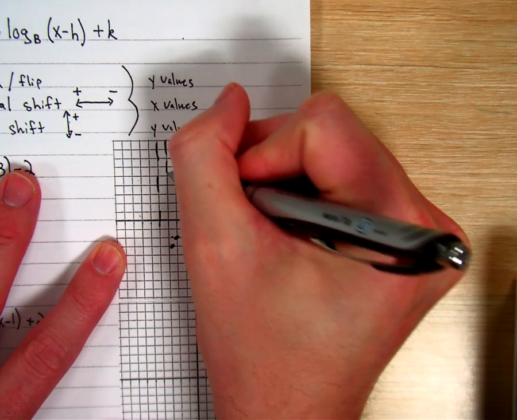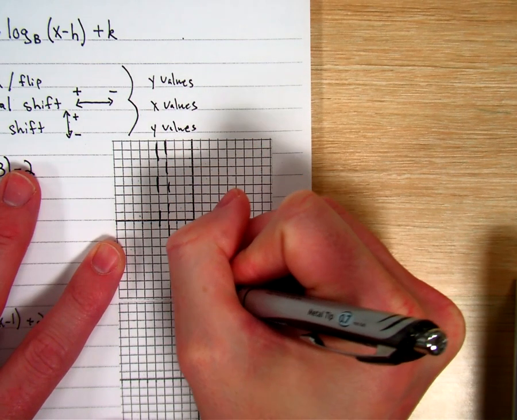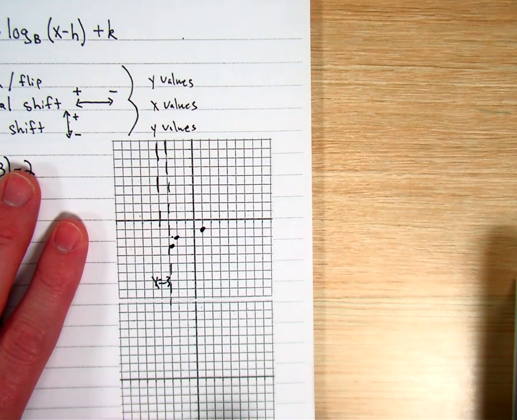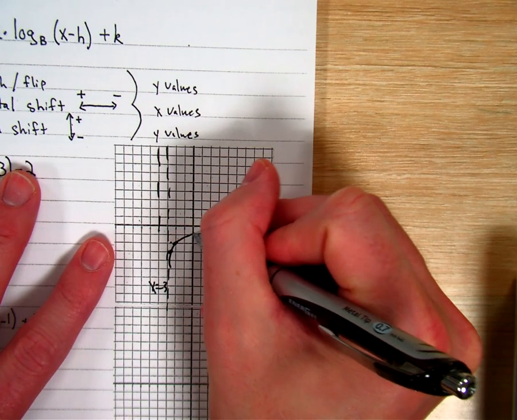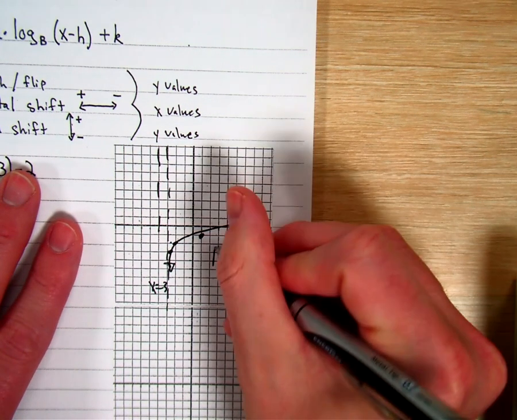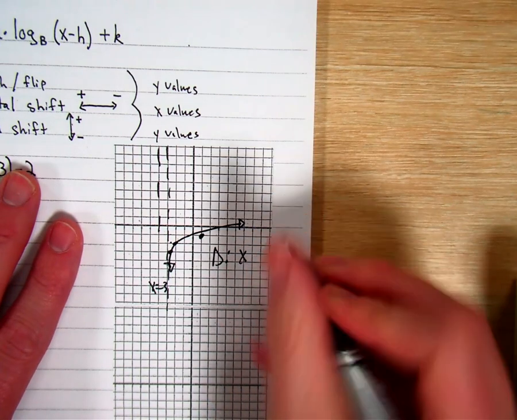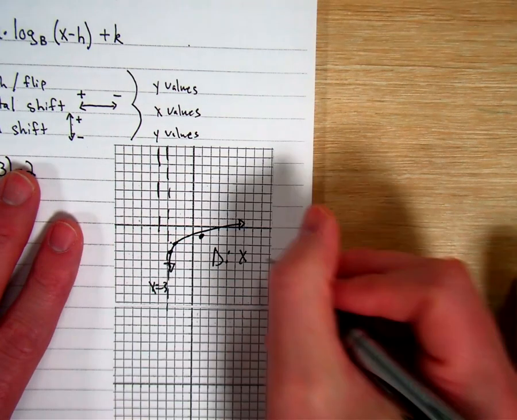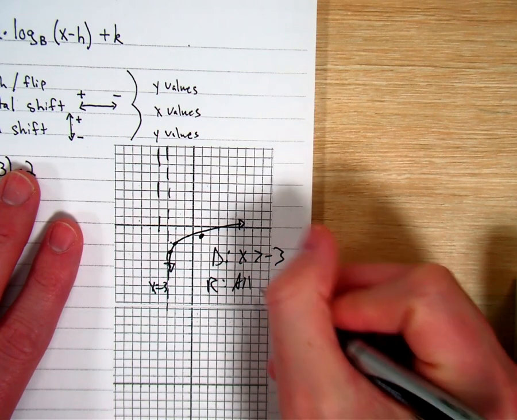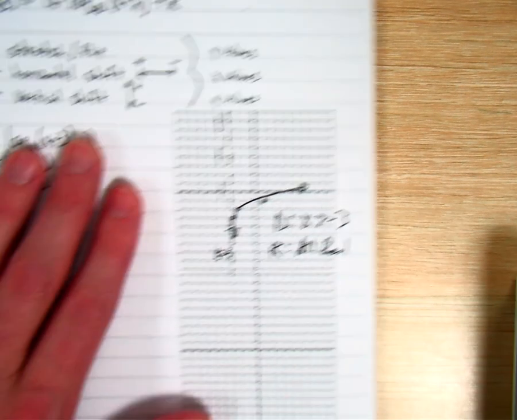And we are now going to have our vertical asymptote at x equals negative 3. Okay, and there we go, up and over, very slowly there. Now our domain is x greater than negative 3, and our range is still all real.